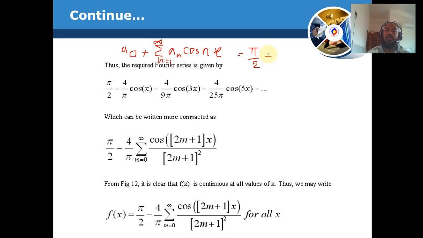So this one will be plus, a big sum like this.